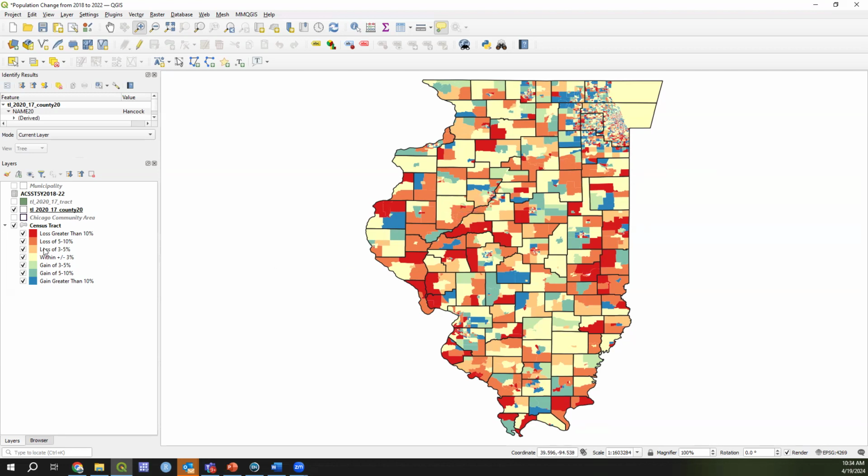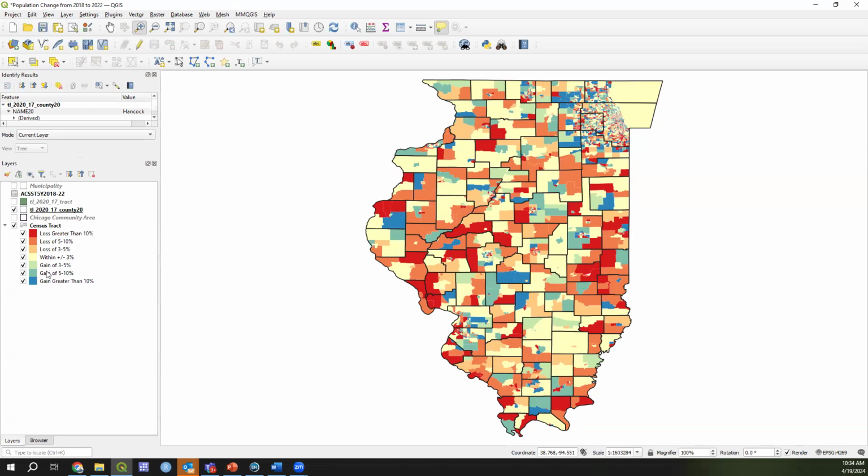And the shades of orange and red show the degree of population loss. So the light orange is about 3 to 5%, darker orange is 5 to 10%, and the red ones are the ones that had significant loss in population, greater than 10%.